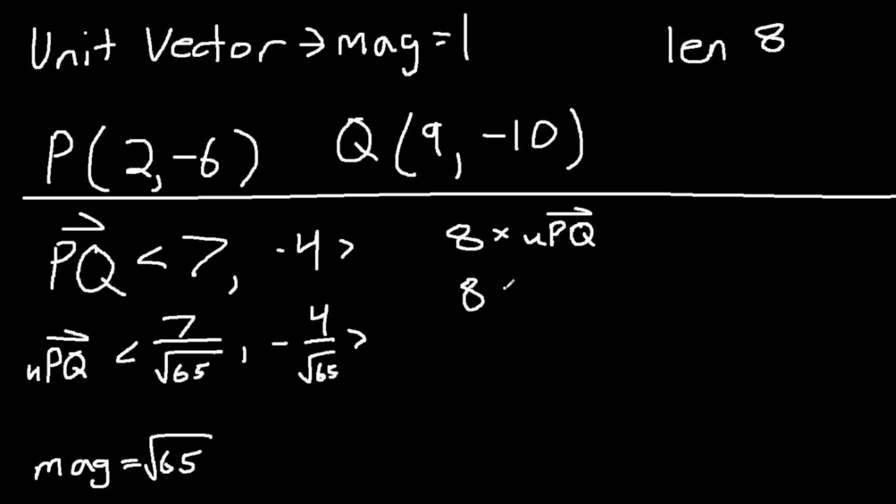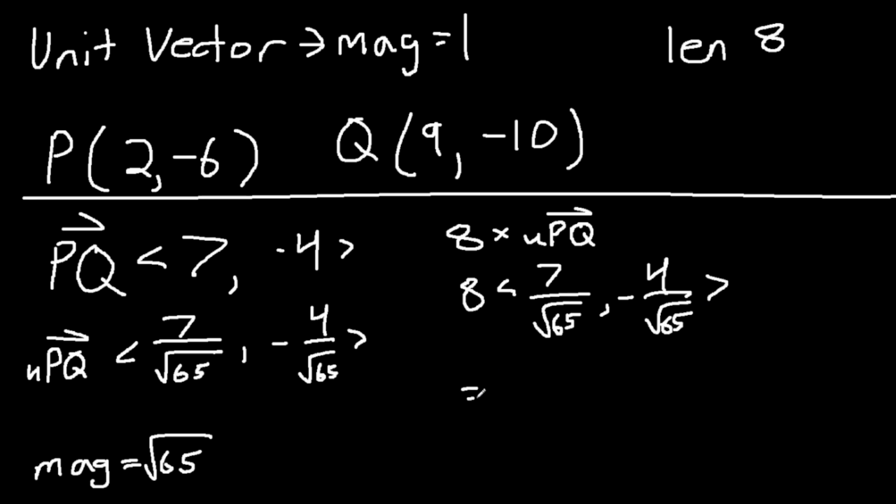Let's go ahead and do that. 8 times 7 over the square root of 65, comma, negative 4 over the square root of 65. And then what do we get?